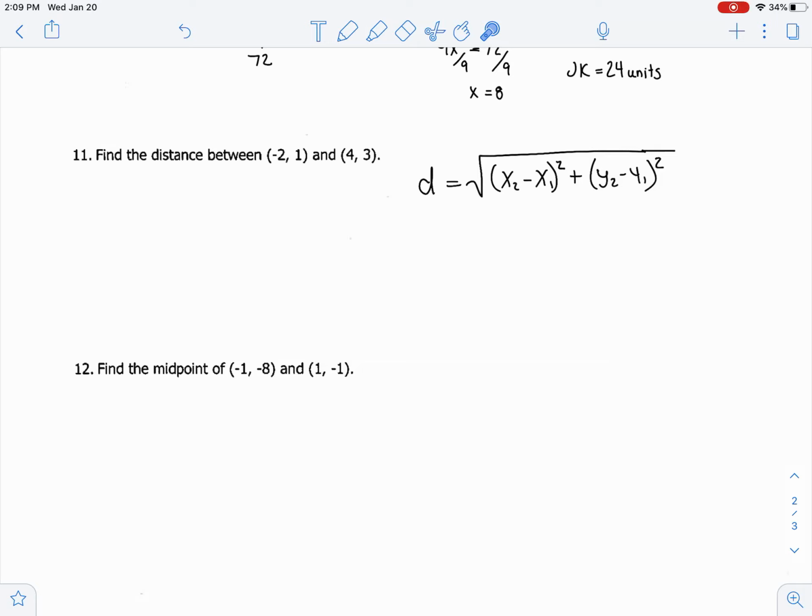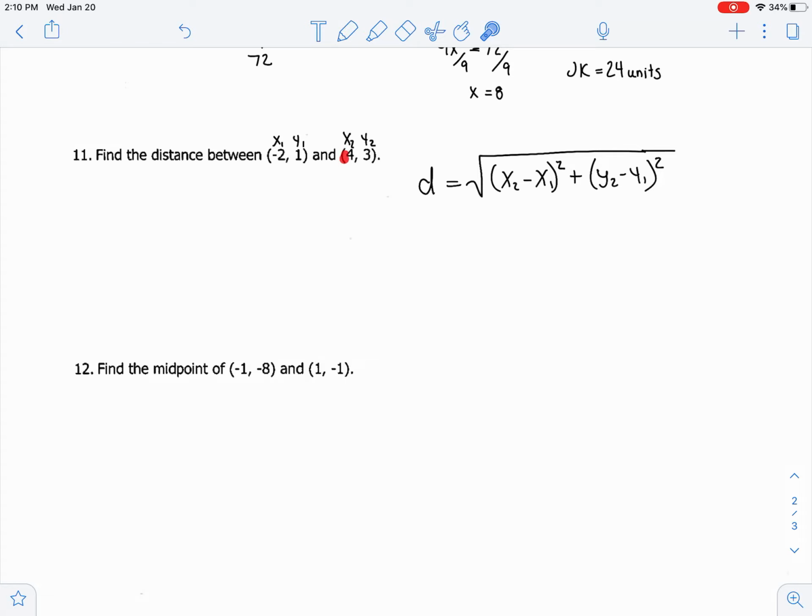I also like to let the positive x be my x2. It really doesn't matter which one you allow to be x2, y2, as long as x2 goes with y2. And so here's how I'm going to label mine. This is my x2, y2. This is my x1, y1.